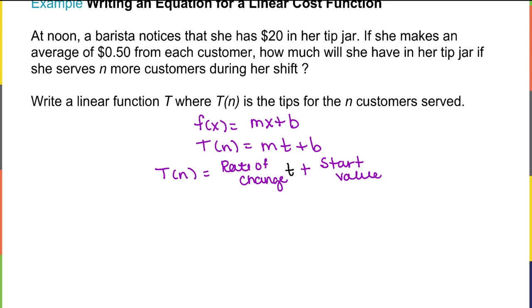So think of it this way. How much does she start with? What is her rate of change? Those are the things that we need to know. So she starts off with $20 in the jar, and she's going to add to that at a rate of 50 cents.